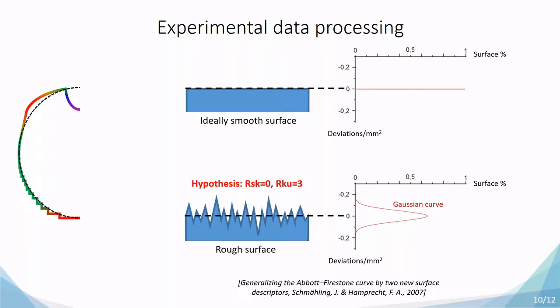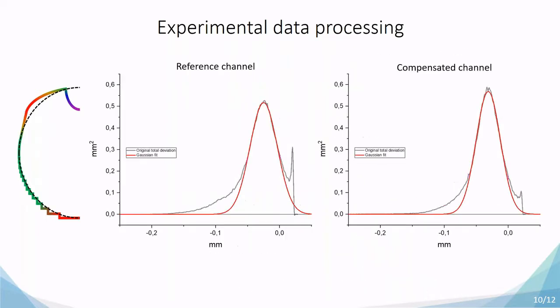This is not completely true for a 3D printed part, of course, but we had to start from some assumption to actually make sense of this whole data. So we fitted a Gaussian curve here in the middle, corresponding to the area which is equal to the CAD model.